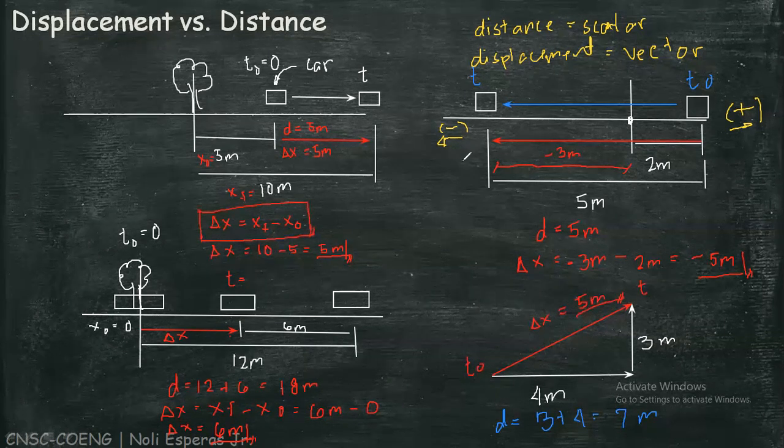So in our last illustration, or fourth illustration, its direction is this one, represented by theta. And using the inverse trigonometric function, let's say arctangent, we can solve for theta. So that's all for displacement and distance.